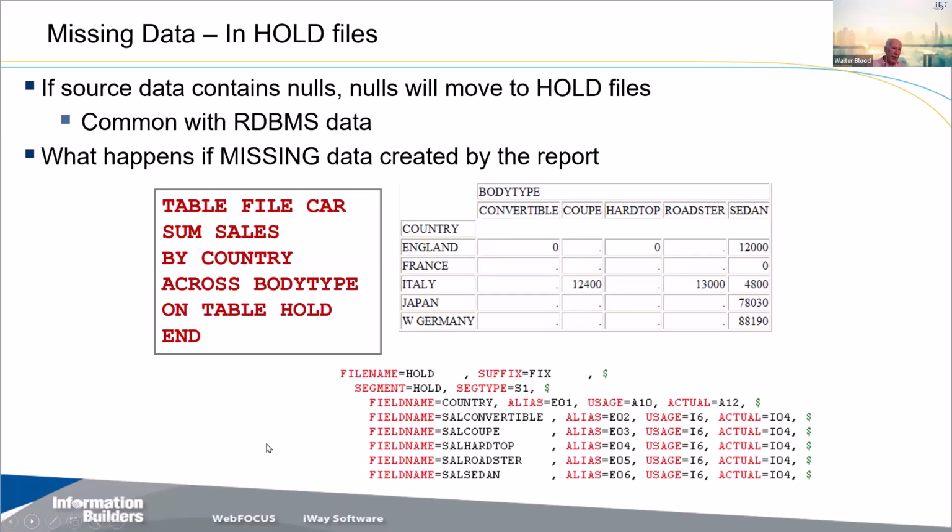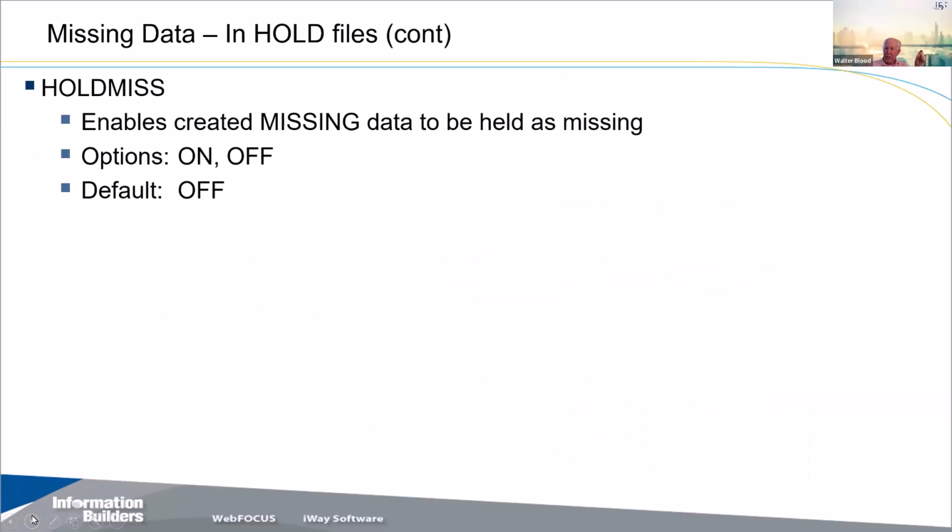Now, normally when I'm building a hold file, this is going to actually create, as you can see, a value. I've got fields that allow me to specify which of these fields are which, because otherwise they'd all be exactly the same, right? And when we do that, we will automatically take the sort field and append that to the data value so that we can see what it is. HOLDMISS enables missing data to be held as missing.